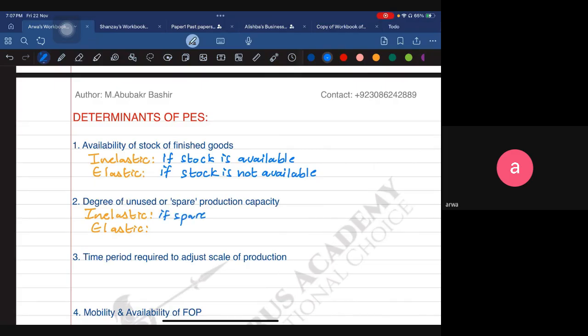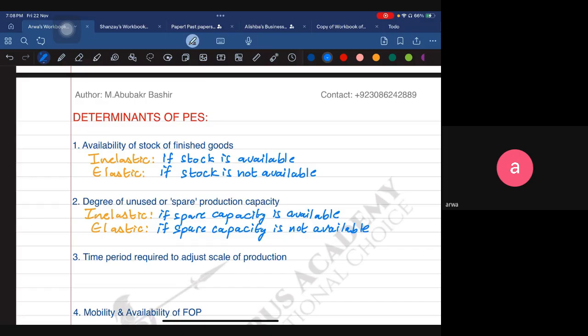So if spare capacity is available, and if spare capacity is not available. Did you switch them?